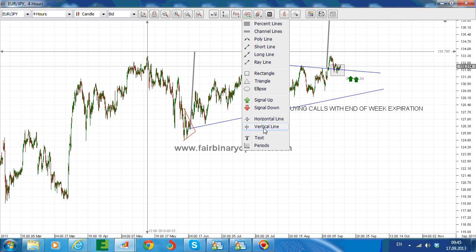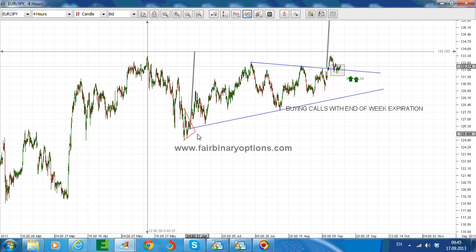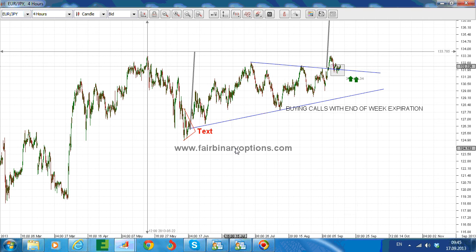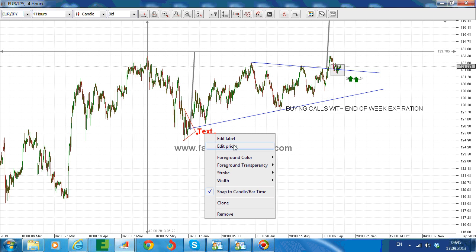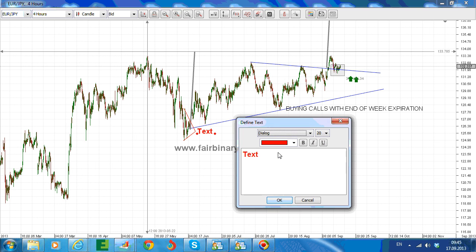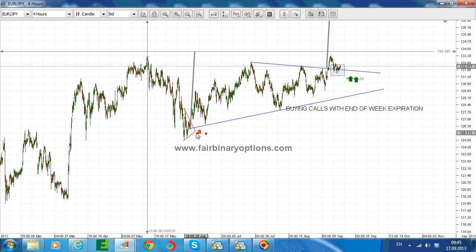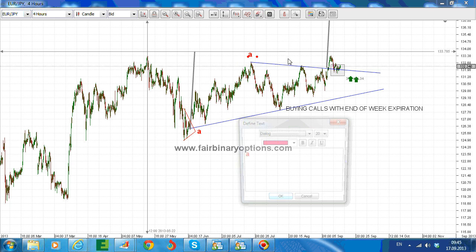Now a contracting triangle has no less than 5 legs. Usually they are labeled A, B, C, D, E, and this is our labeling and how the triangle should look. So this will be the wave A. Then to the upside here should be the B wave.